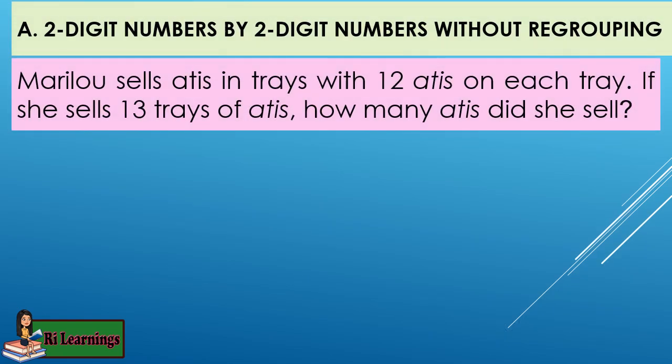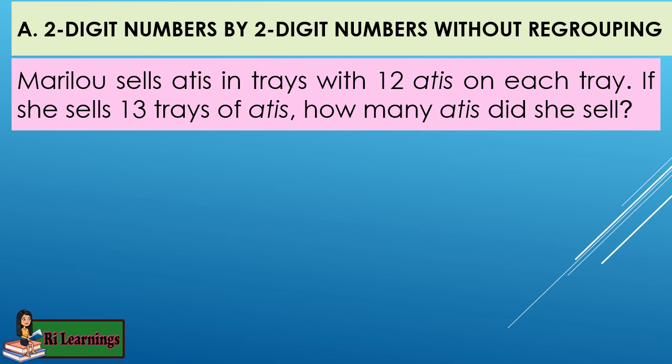Example 3. 2-digit numbers by 2-digit numbers without regrouping. Let's read the problem. Mary Lou sells attas in trays with 12 attas on each tray. If she sells 13 trays of attas, how many attas did she sell? In solving the problem, the easiest way to find the answer is by using the shortcut method of multiplication.